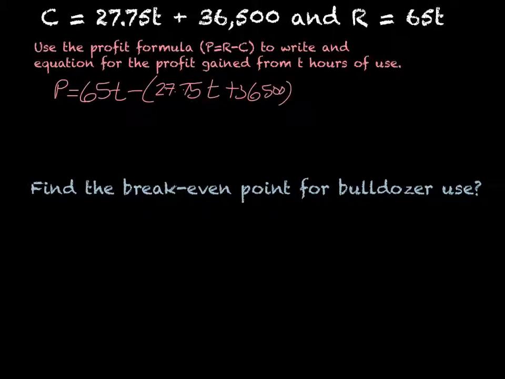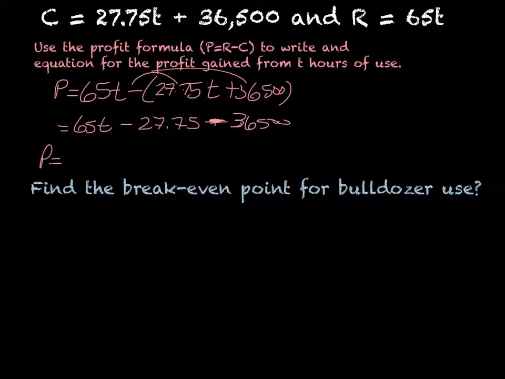All right, so I'm going to distribute the negative sign. So 65 T minus 27.75 T minus 36,500.